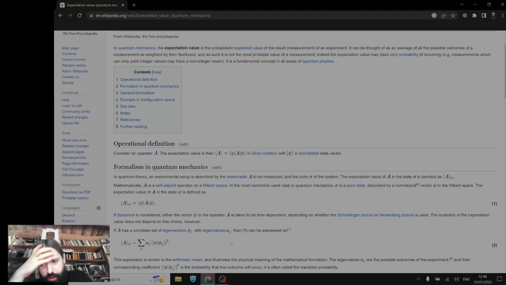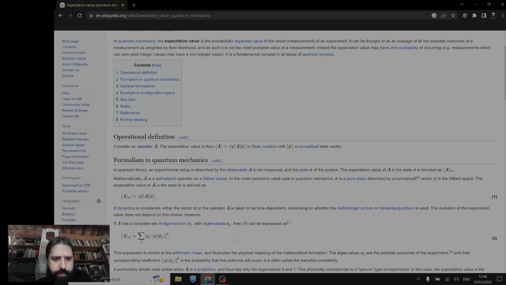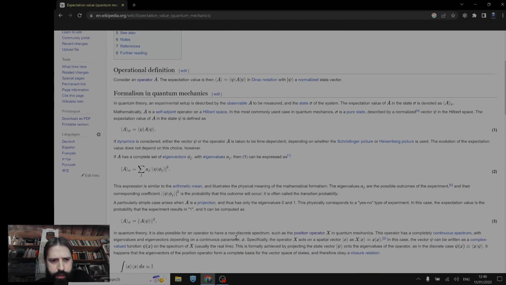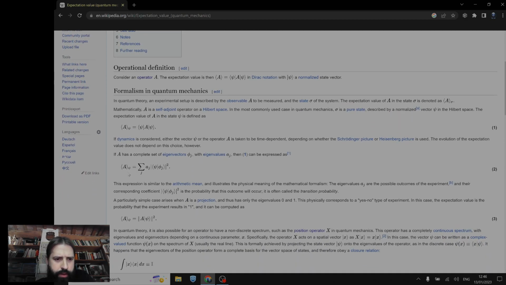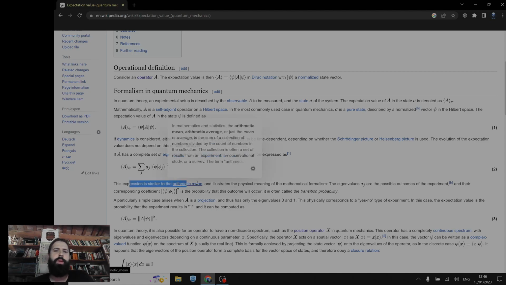If A has a complete set of eigenvectors with certain eigenvalues, then the expectation value turns out to be the sum of these eigenvalues. Okay. This expression is similar to the arithmetic mean, exactly.